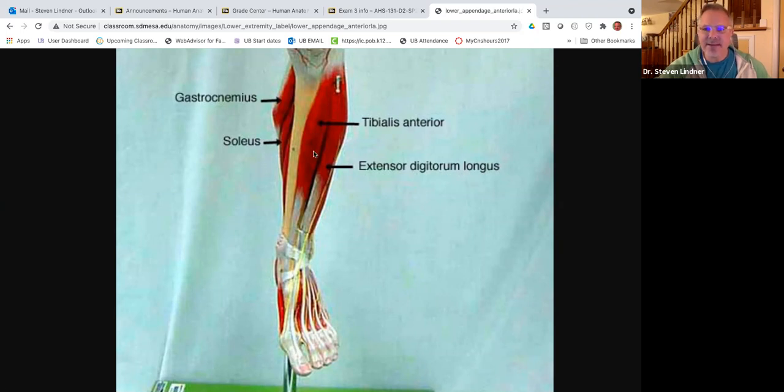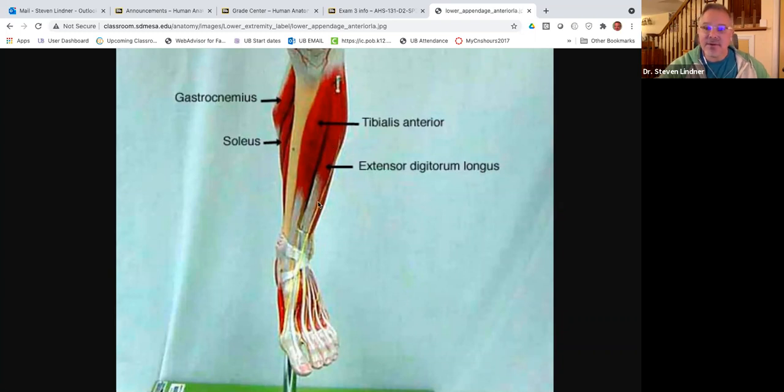So again, tibialis anterior is a foot inverter and a foot or ankle dorsiflexor. Lateral to the tibialis anterior is another important muscle that crosses the ankle, but this one, if you follow the tendons, they go to the toes 2 to 5, and that's called extensor digitorum longus.